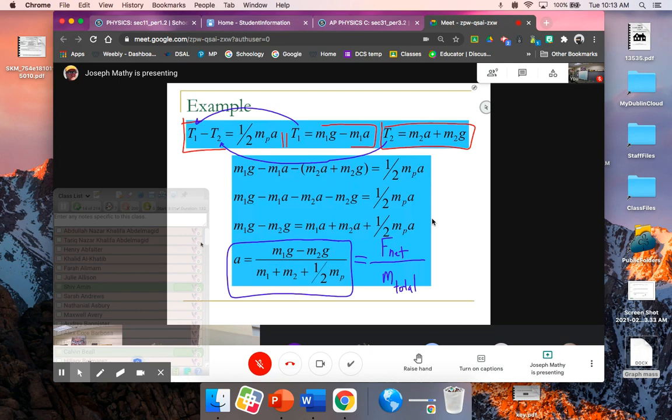But because of the way rotational inertia works, only half of the mass of the pulley gets figured in because it's being balanced from the center. That is an awful lot of stuff to keep in mind.